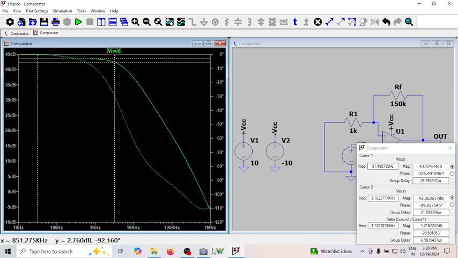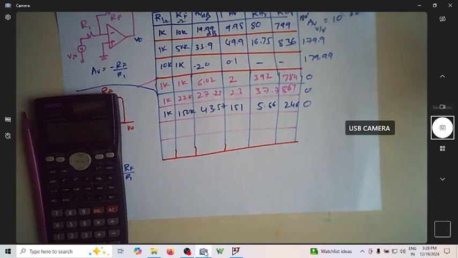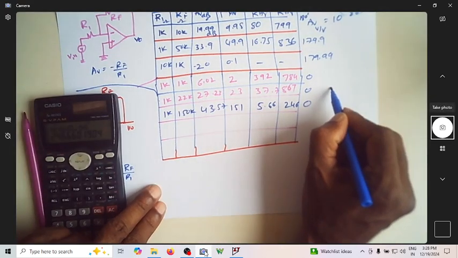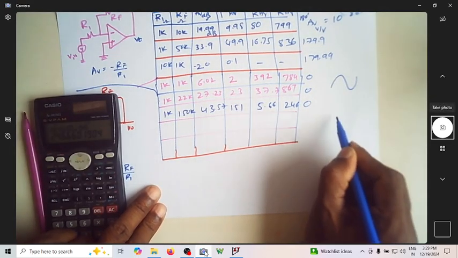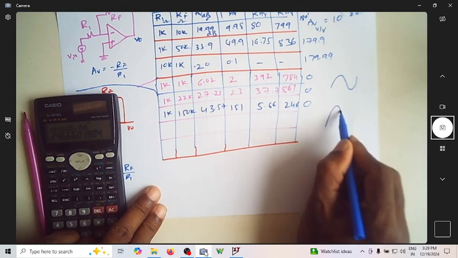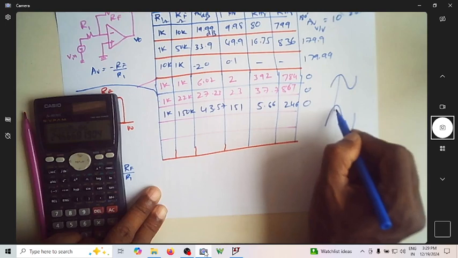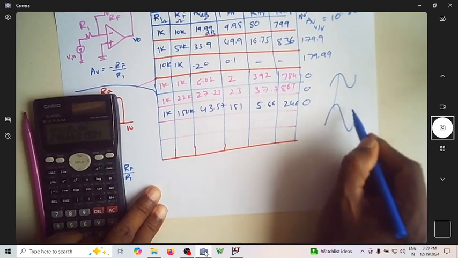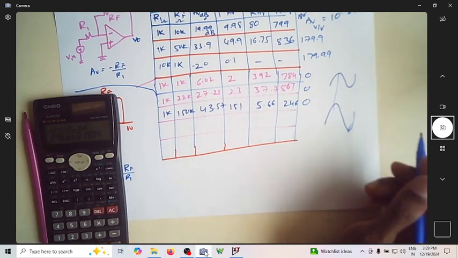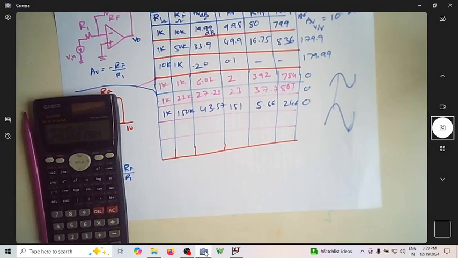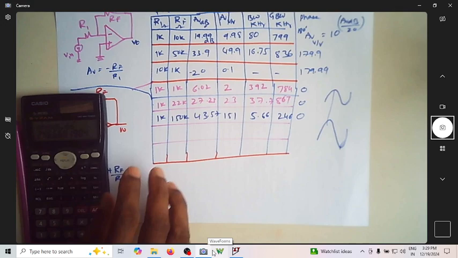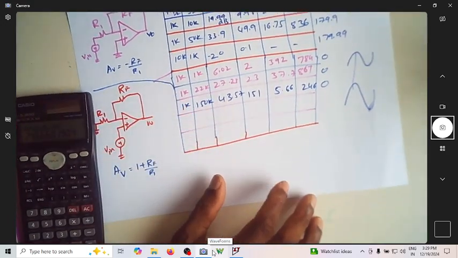So input and output will be in phase with each other. If this is your input waveform, the output waveform may be an amplified one, but it will be in phase. When this increases, this also increases. When this reduces, this also reduces. Likewise, you can try very different values of RF and RL.